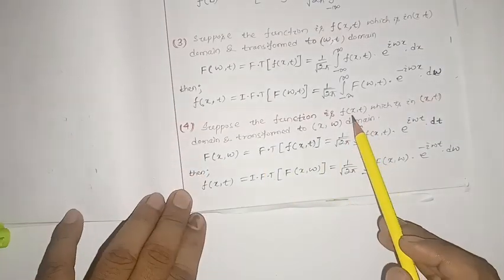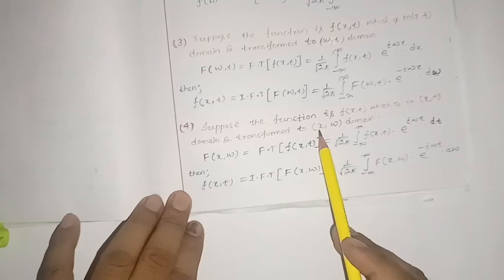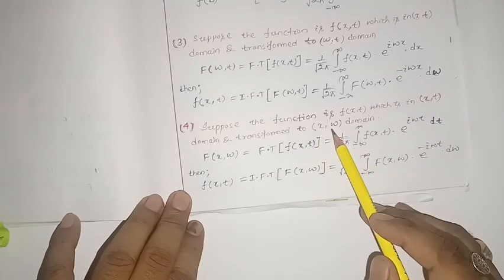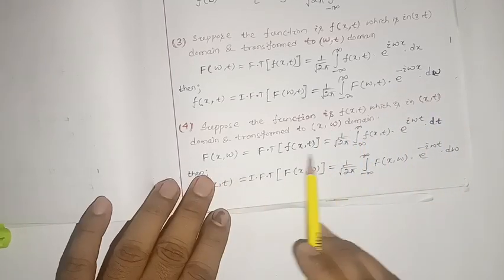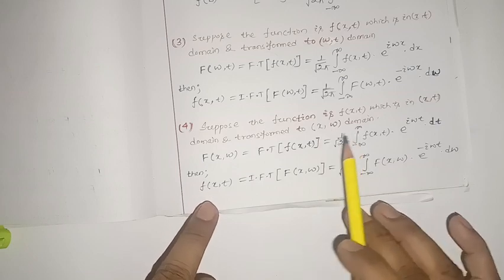likewise if we consider f(x,t), which is in the xt domain, transformed to x omega, that means here t changes to omega. Likewise x will be written as such, only t and omega are transformed into one another.